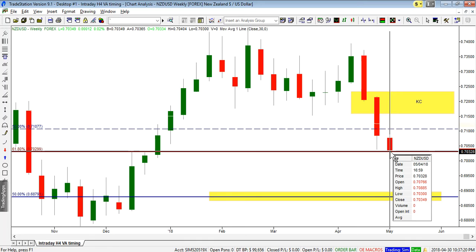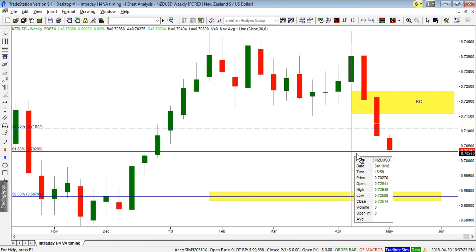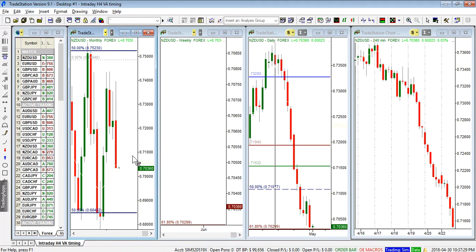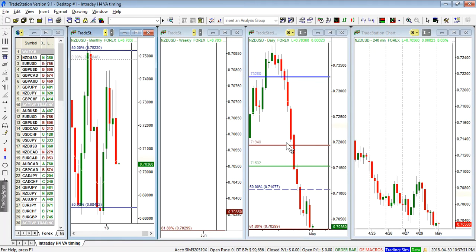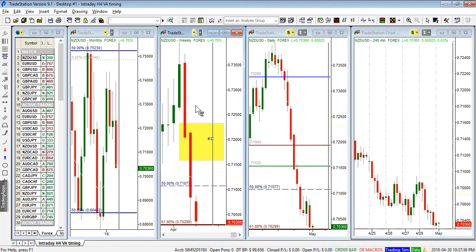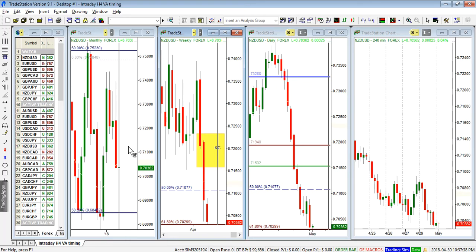The low is 70.30. The actual 61% level is just a fraction of a pip below here. So I'll consider this holding, but it doesn't mean that this is going to create a sizable reaction high. It could still react higher in this market, and that would be very welcome, because this could be a short.